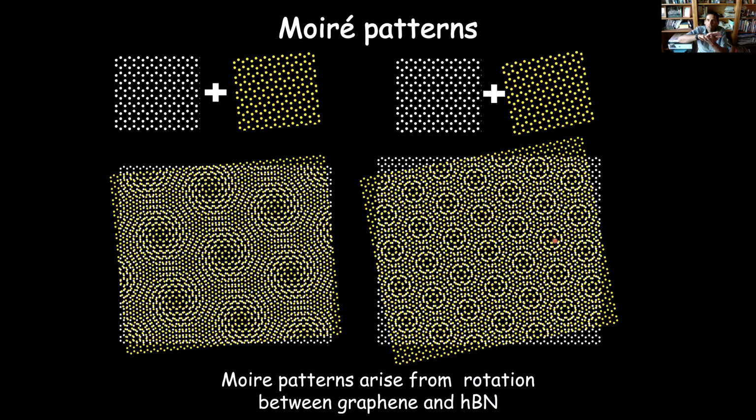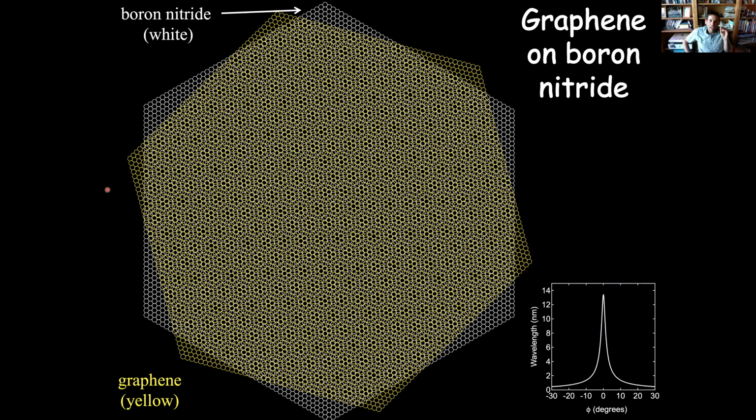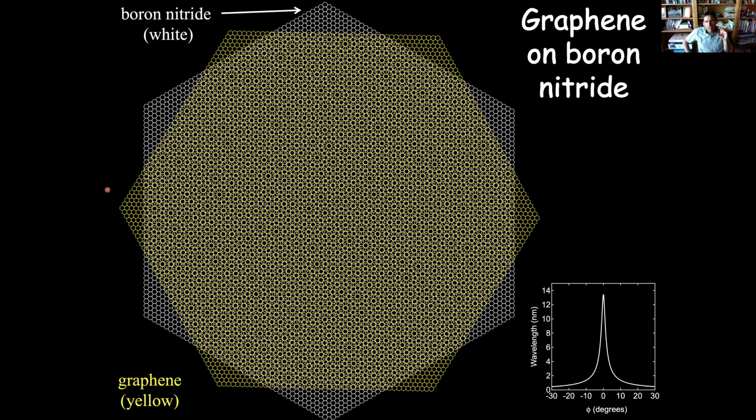And so just as I rotate the graphene and the boron nitride with respect to each other, I get a range of different Moiré patterns. I'm not sure how well this animation will go through the zoom here, but if I rotate them all the way around, what you'll see is that at every 60 degrees, I all of a sudden get to a very long wavelength Moiré, and then it shortens and gets very short, and then starts to elongate.